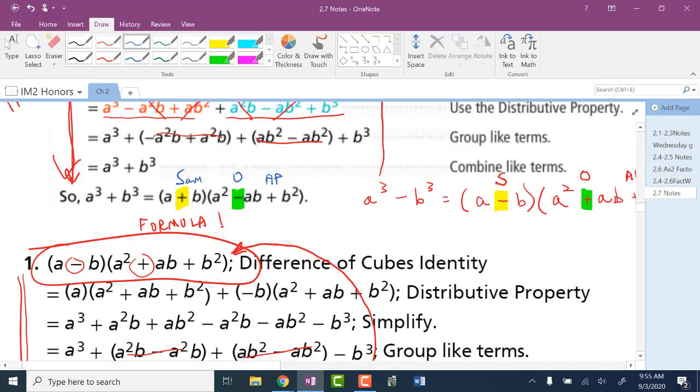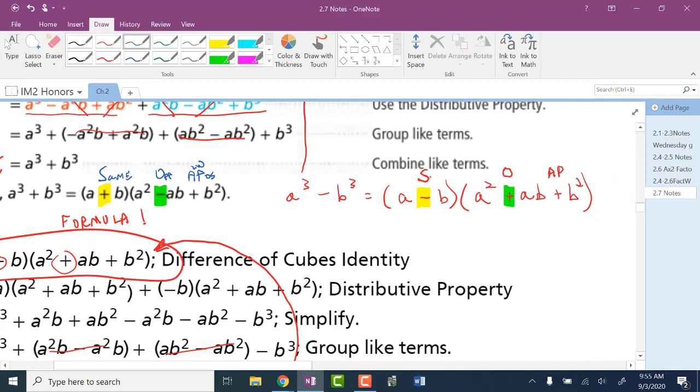What does SOAP stand for? Same. It's an acronym. It's a trick. Opposites. Always positive. Soap. So when I have a difference of two cubes, the formula, the first element is the perfect cube of this.